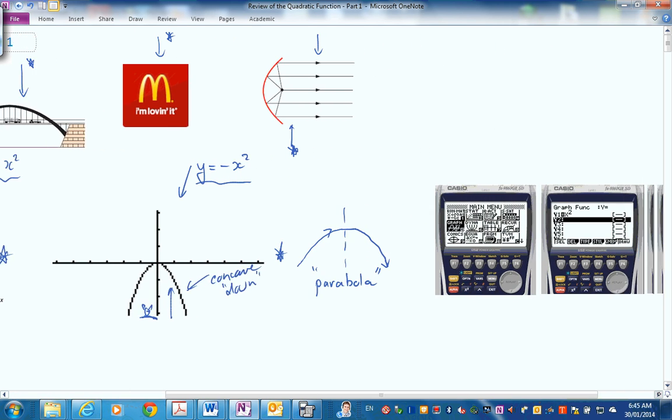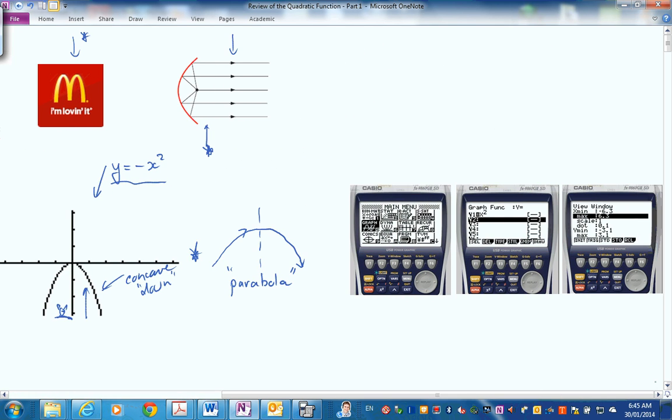Come over here. I've got some little calculators here. 9860 Plus. Turn it on, get this screen, scroll with this key to graph mode, then enter with the keyboard y equals x squared and hit execute. Then you need to hit shift and F3 to get view window. So you're going to specify what size or part of the x and y axes you're going to view in the window.